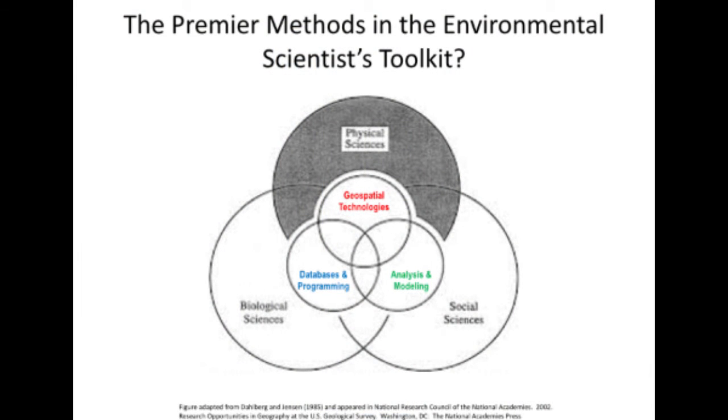So the one thing I want to leave you with, and hopefully we'll have a little bit of time for questions, is I think geospatial technologies arguably could be the single most important thing in your environmental science toolkit. Okay. Geospatial technologies, hopefully with a couple of examples that I showed today, certainly are important.